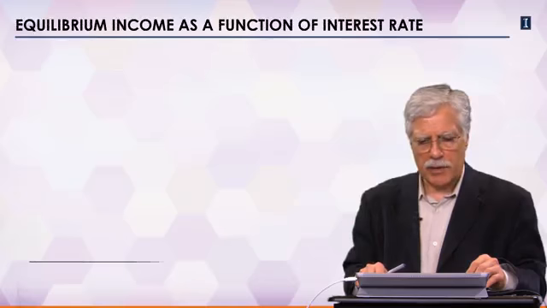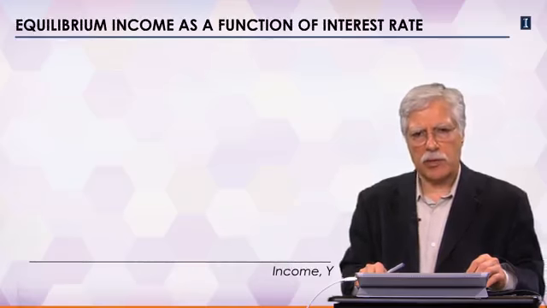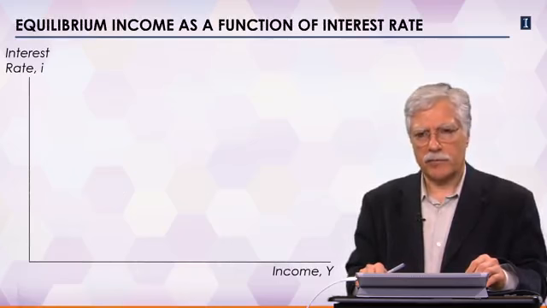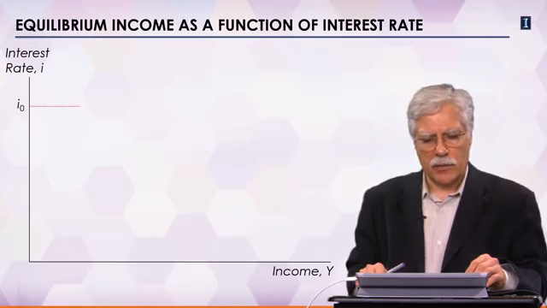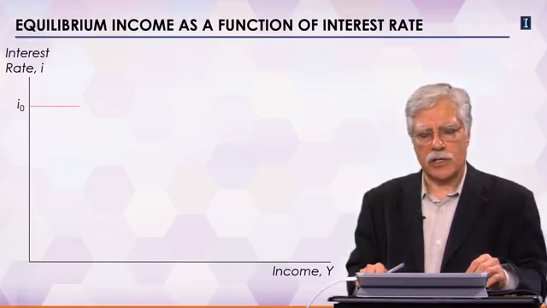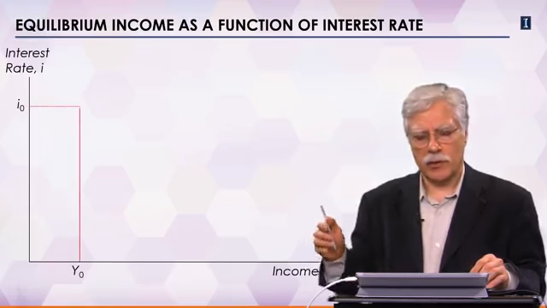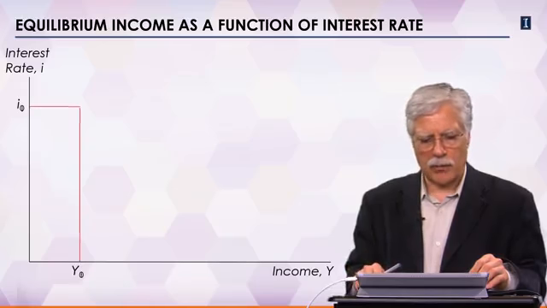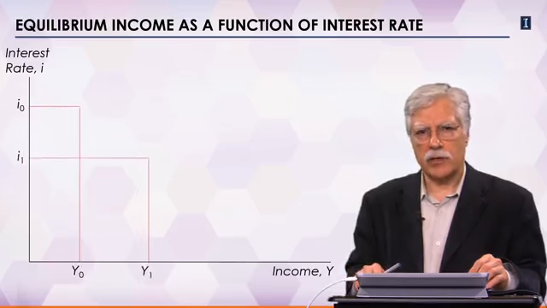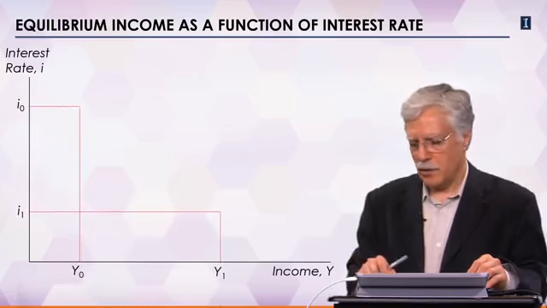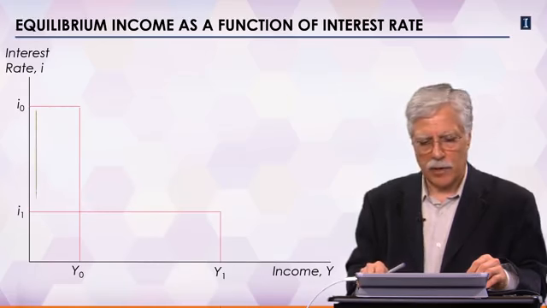Now, let's map this as a relationship between real income and nominal interest rate. Suppose interest rate is initially I0. We find the equilibrium using our crossing point, Y0, and now we'll reduce interest rate to I1. That leads to an increase in income to Y1.